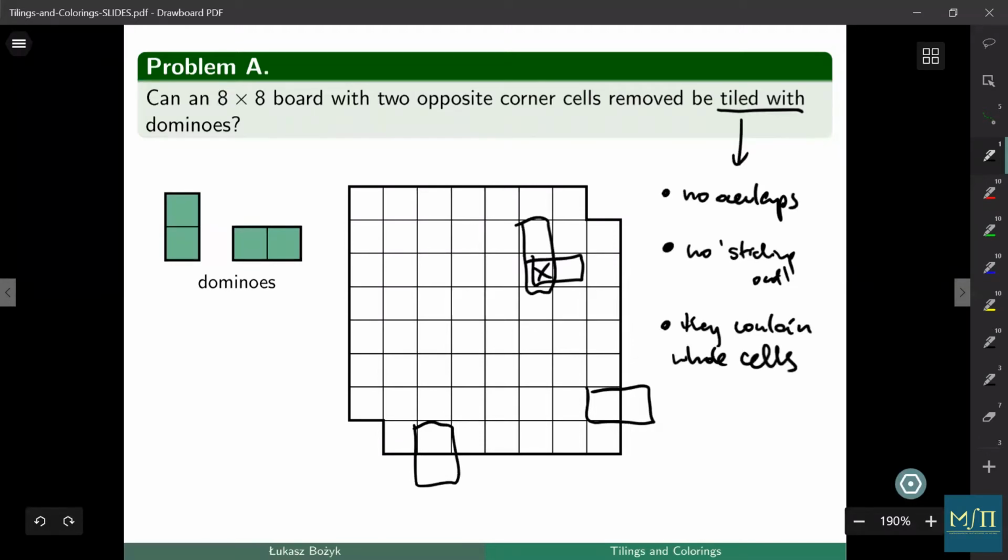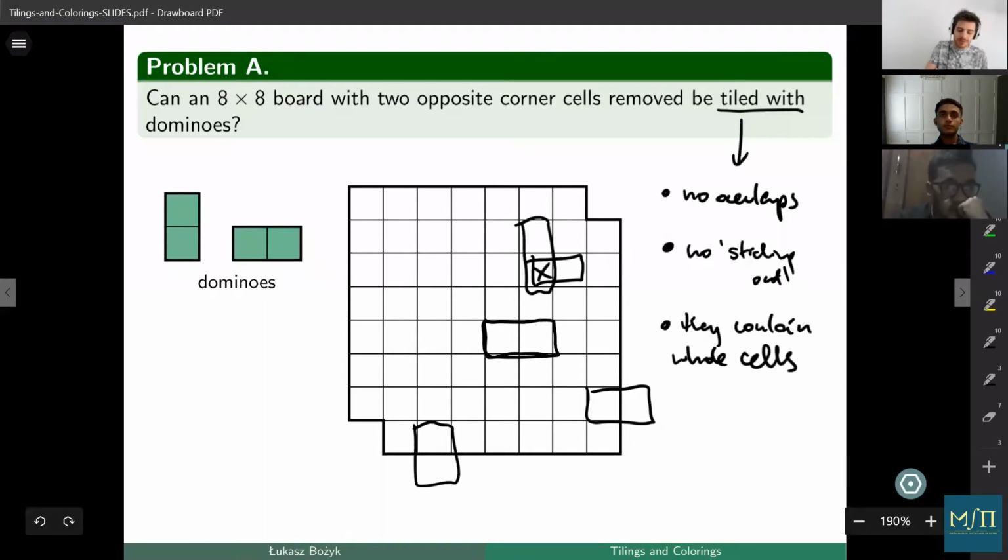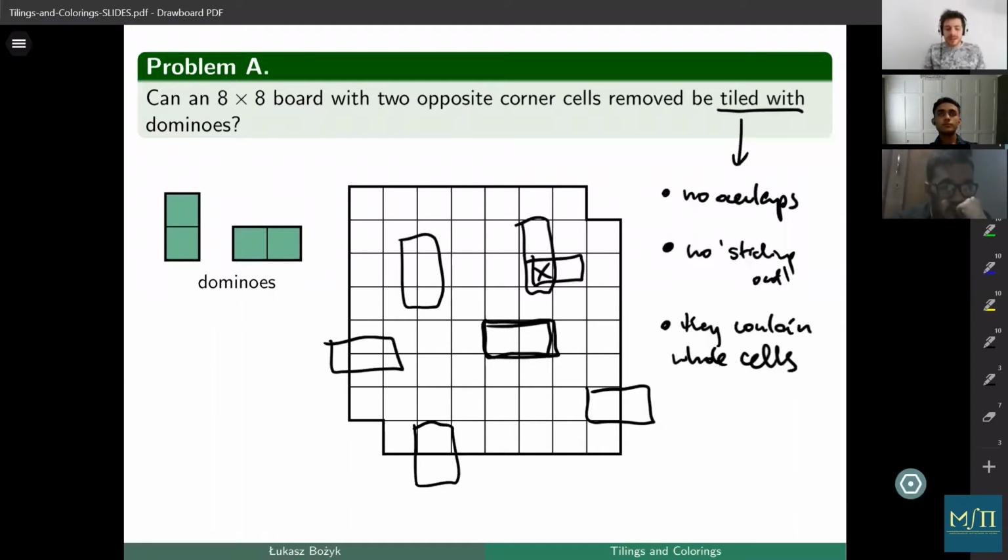Yes, so we want to place them on top of two squares and not, I don't know, like this or like that. And the problem asks whether it's possible to divide those 62 cells into 31 dominoes, so figures as presented to the left. And well, what can you do to start solving such a problem?